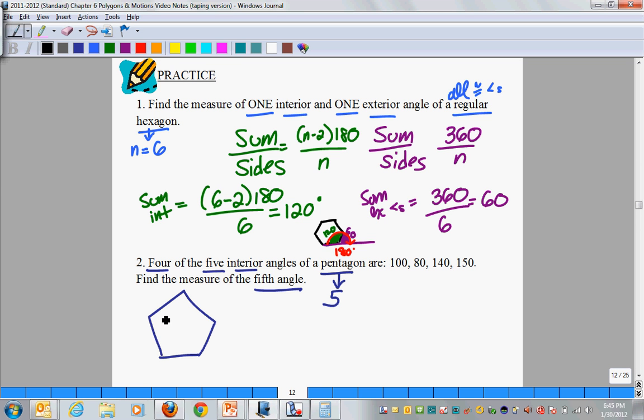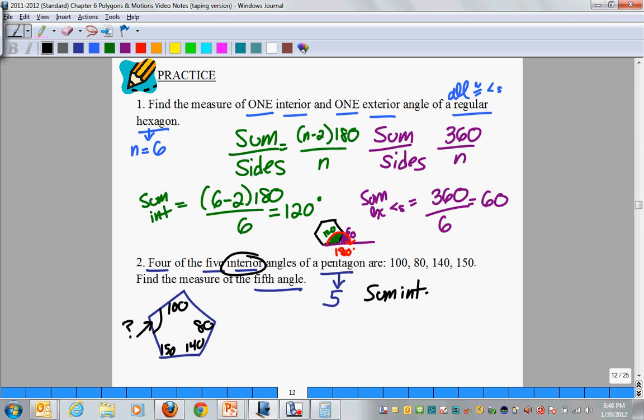We have 4 angles, in no particular order, 100, 80, 140, 150, and we want to find that last angle. So that's our question mark. Notice we have the word interior. So we ask ourselves, we want to find the sum of all 5 of the interior angles.